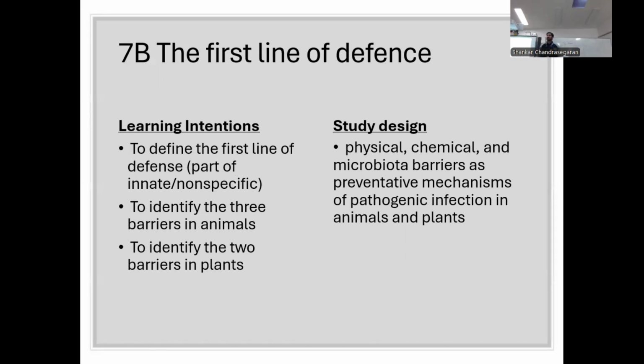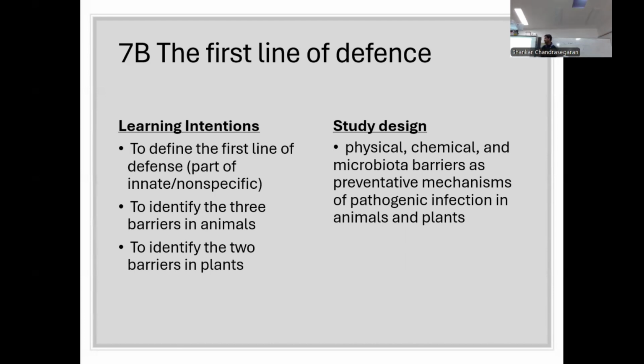The non-specific immune system is basically targeting as many pathogens as possible, like a net trying to catch as many fish as possible. It is non-specific because it's not trying to stop one pathogen, it's trying to stop all the pathogens as much as it can, right?